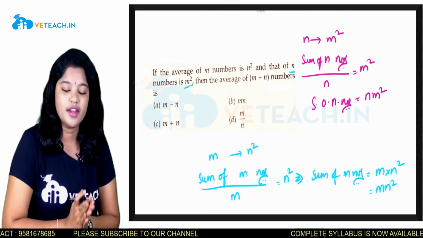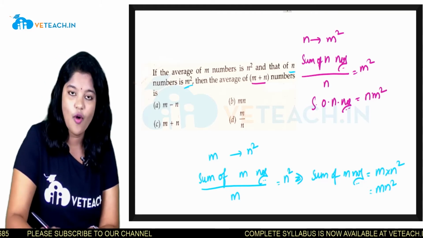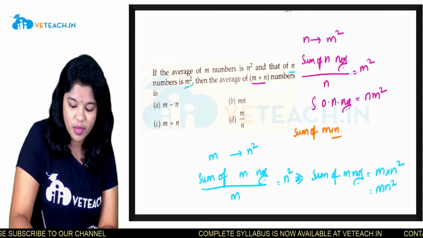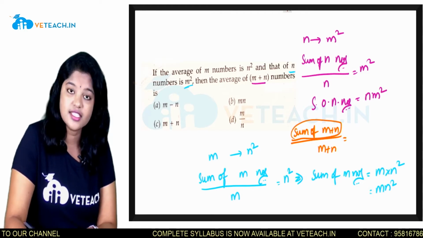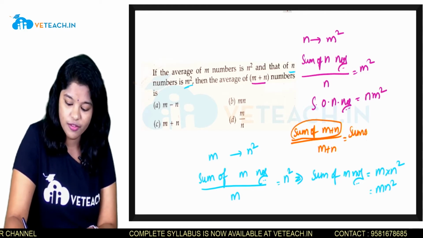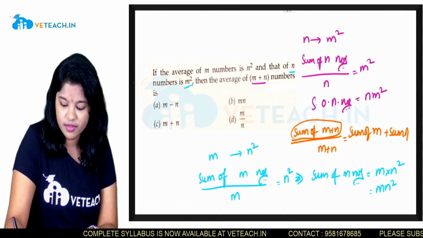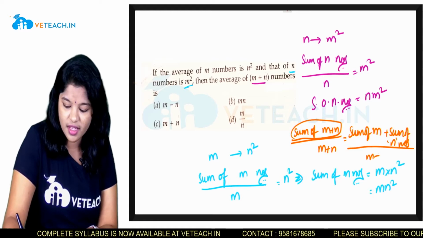Now we have to find out the average of m plus n numbers. So the formula will be the sum of m plus n numbers divided by m plus n. So we can rewrite it as the sum of m numbers plus the sum of n numbers divided by m plus n.